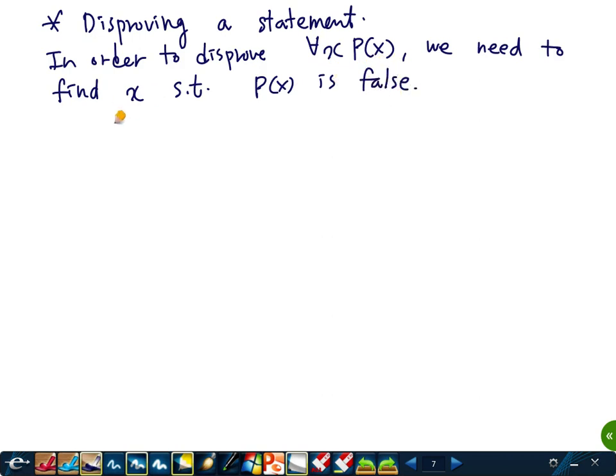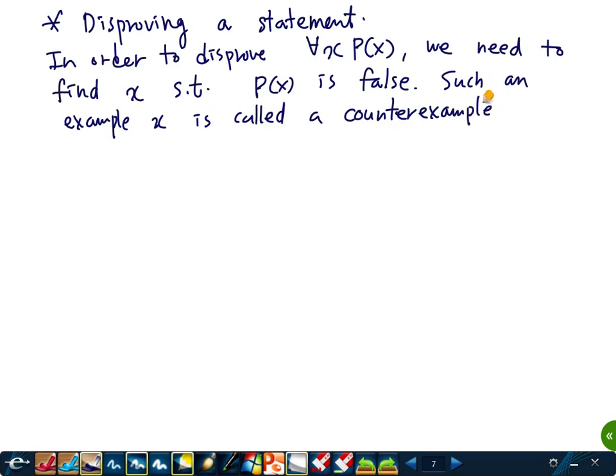If you can find such an example x, then this disproves the statement. One example is enough. Such an example x is called a counterexample to this statement. So if you have a counterexample, that is enough to disprove the statement. Just one example is enough.